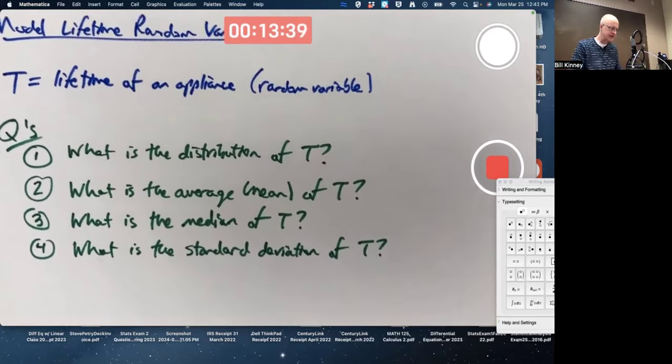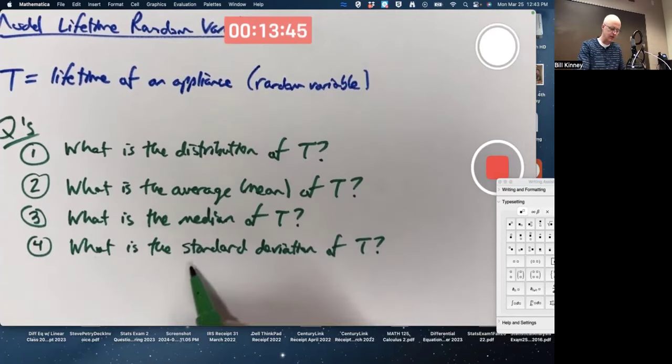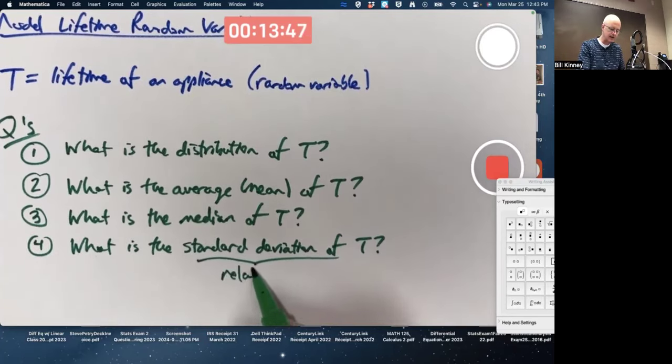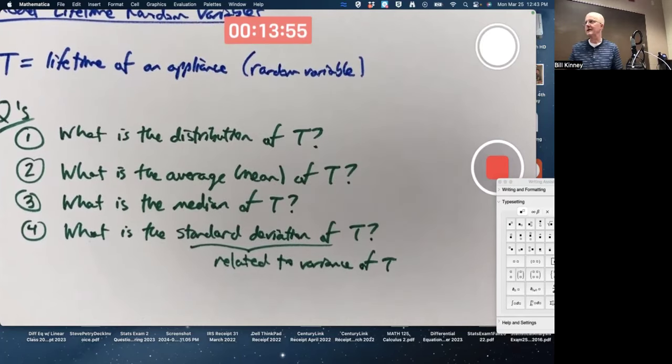That's a measure of spread. And it's going to be related to another measure of spread called the variance of t. The variance is a little easier to compute and work with theoretically. The standard deviation is easier to interpret the meaning of.